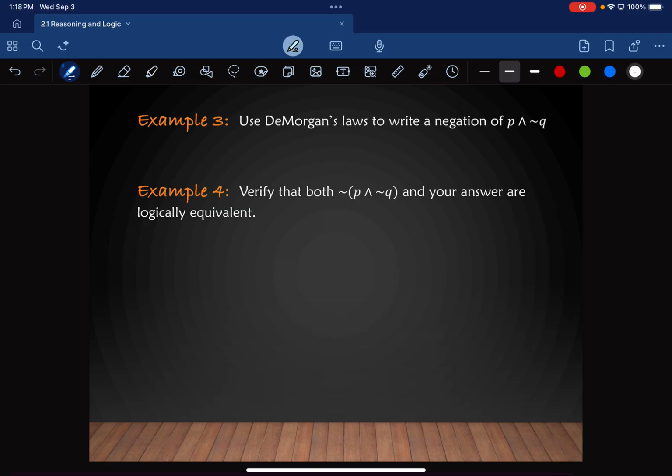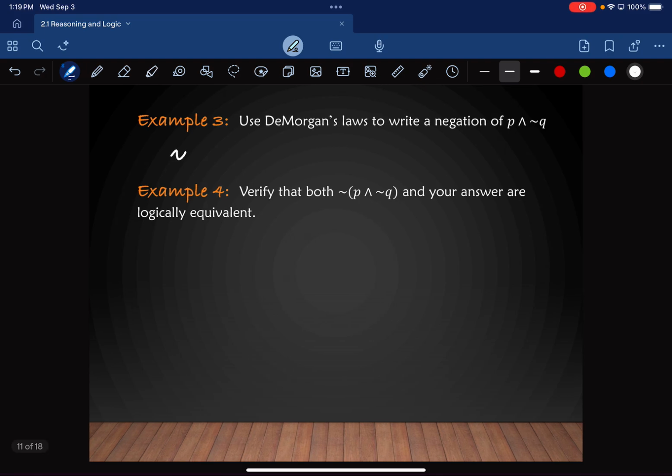So let's skip 3 for a second and do 4 so I can show you the logically equivalent. I think I need to shift some of these in terms of my order. So let's do example 4 together first. It wants us to verify that both... I have to do 3 to do 4. That's probably why it's in there. I was so excited about doing 4. I guess we have to back up and do 3. We're going to use De Morgan's laws first to write it out, and then we'll prove that it actually worked.